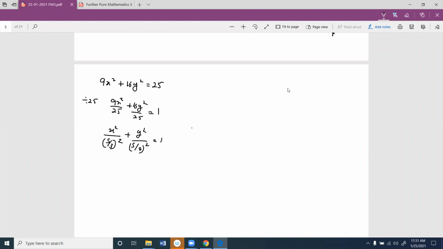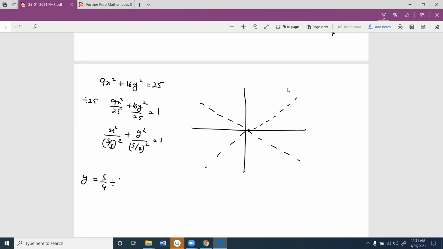So with that, it's a graph somewhere over here, just like this, and this is y equals b over a x. b is 5 over 4, divided by 5 over 3 x.